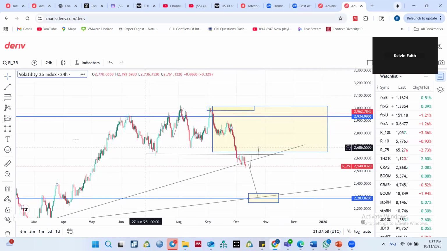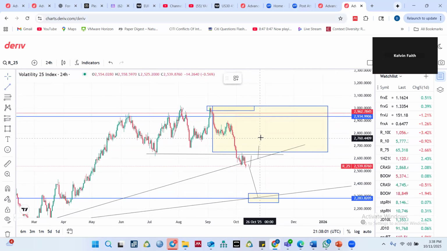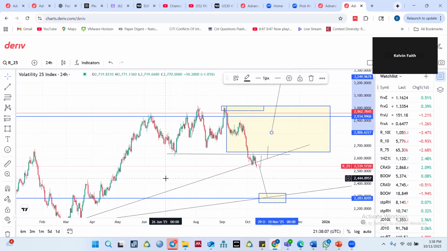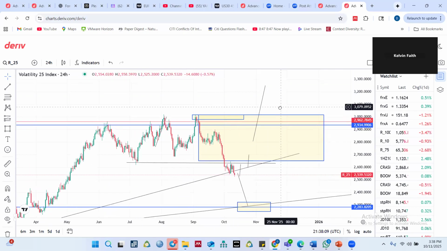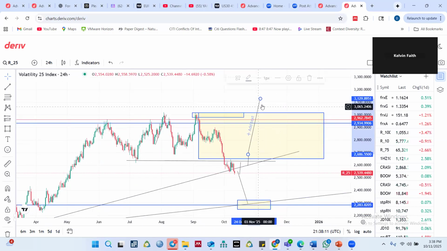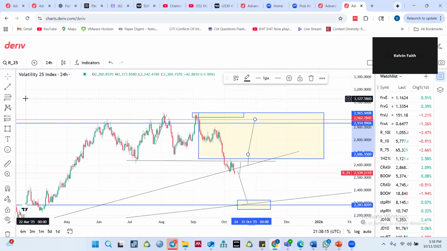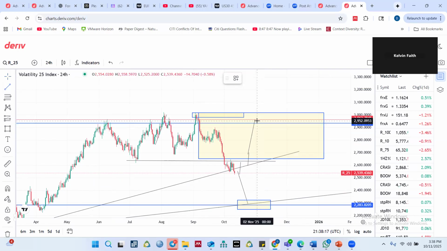And if it keeps pulling up, we don't expect these highs to be broken. If these highs are broken, it means the uptrend is continuing. But if it fails to swing, if it stops somewhere here, and it keeps dropping, this is a sweet thing. The way it's going to sell, you have no idea.